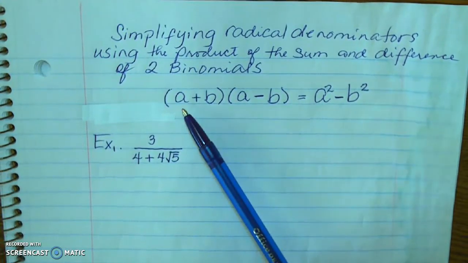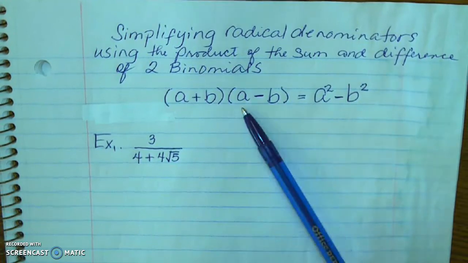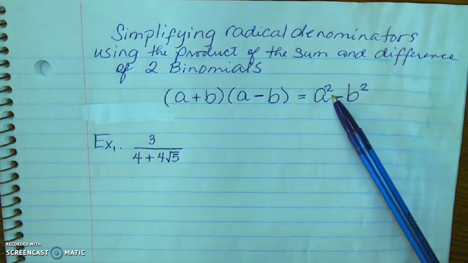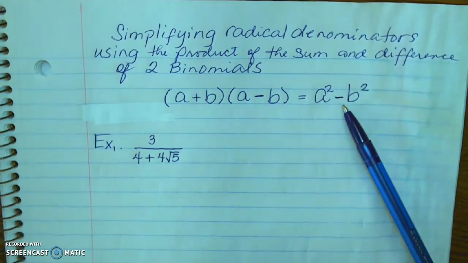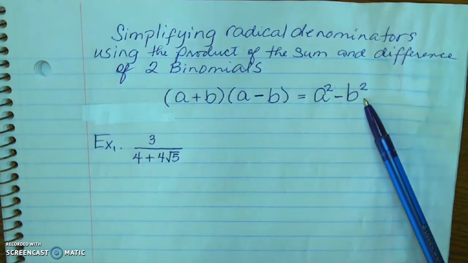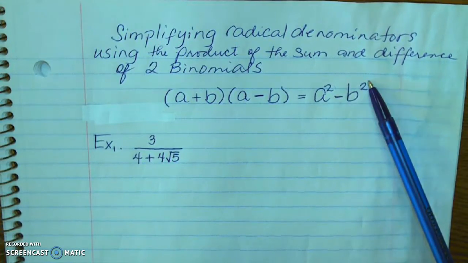If you're multiplying a plus b with a minus b, you're going to square the first term, then the sign is a negative, and then the second term is also going to be squared. So let us begin.